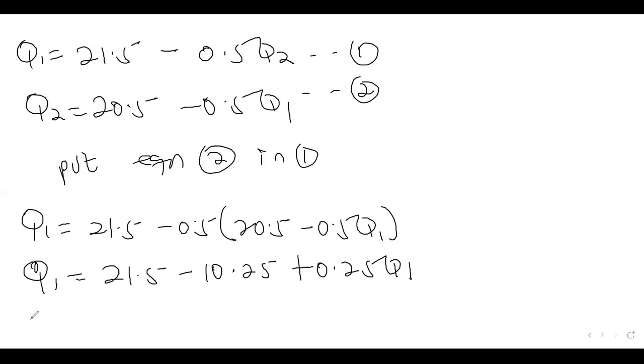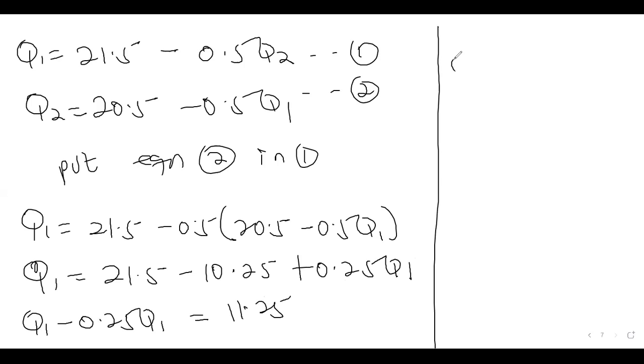So once you group like terms, you have Q1 minus 0.25 Q1 is equal to, if you subtract 10.25 from 21.5, we will have 11.25. Okay, so we will now have 0.75 Q1 is equal to 11.25.